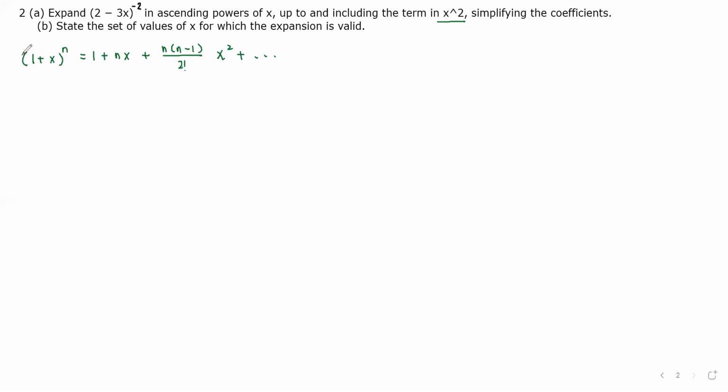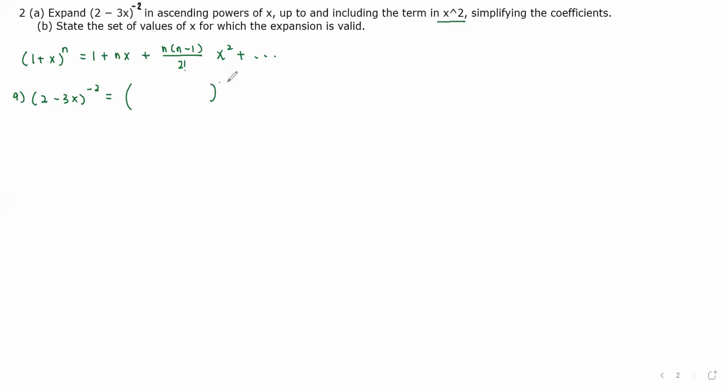Take note that the first term of the binomial must be a 1. N is the exponent. What we are given is 2 minus 3x to the -2, so we need to make the first term a 1.